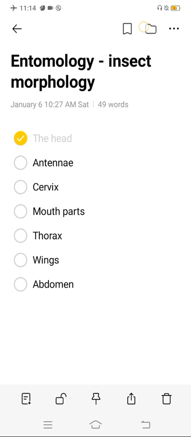The anterior frontoclypeal and the posterior lateral as well as ventral regions of the head capsule are greatly modified in some insects. Like in the frontoclypeal region, the epistomal suture is wanting in cockroaches and some other insects, in which the clypeal region can be separated from the frontal region by the position of anterior tentorial pits.